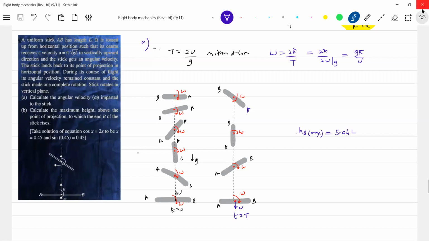So this will make some angle theta. Try this. This will make some angle theta. Then we know omega, angular velocity, omega L by 2.